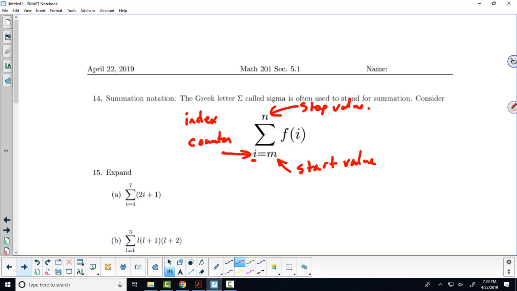We're going to add up something that depends on some formula of our counter. So this is some formula involving I. And let me not say I, let me say the counter, because in different problems we will use different letters to denote our counter variable.